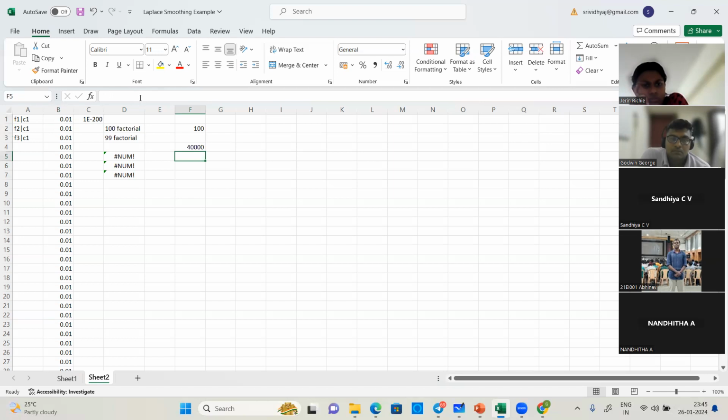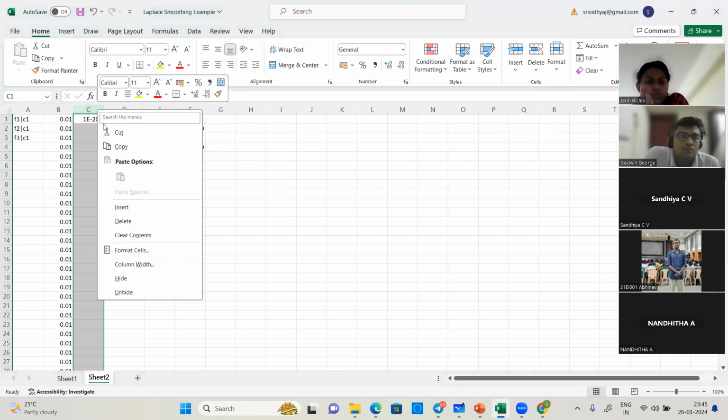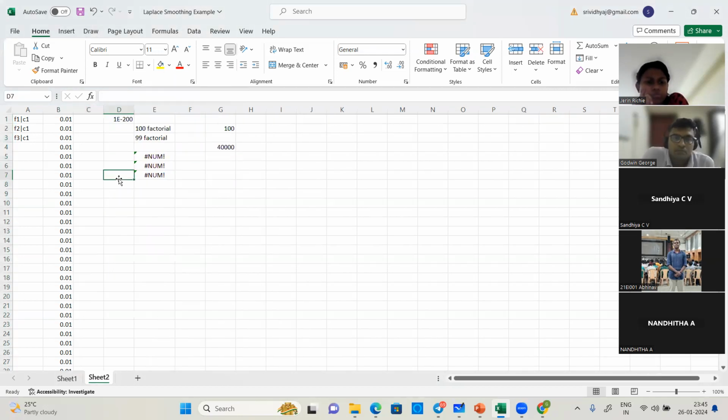You'll see a 1 by 40,000 many times coming up. So the probabilities could be very, very small, and when you multiply them, it can go crazy. So how do you solve this?